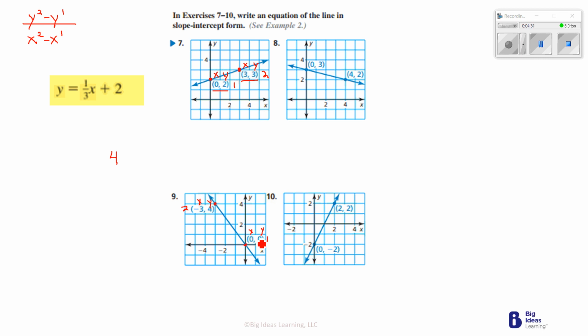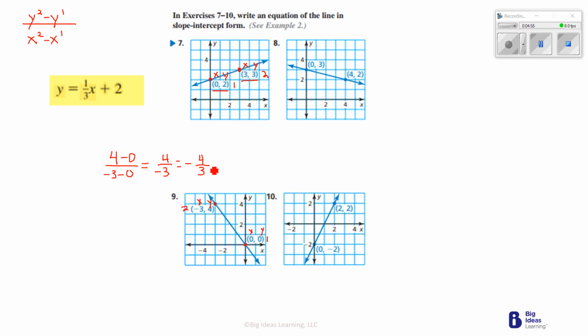So that's going to be 4 minus 0 over -3 minus 0. This, of course, is going to give us 4 over -3, which is equal to negative 4 over 3.